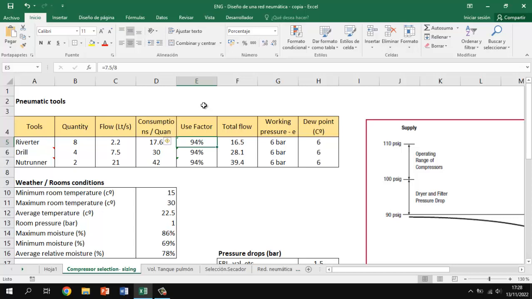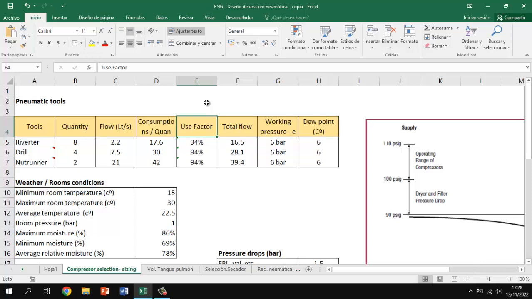Okay, the use factor is not similar to a simultaneity factor, but we are going to use that meaning because it's maybe so difficult to think about. Reverter, and then 3 seconds, then I'm going to drill.